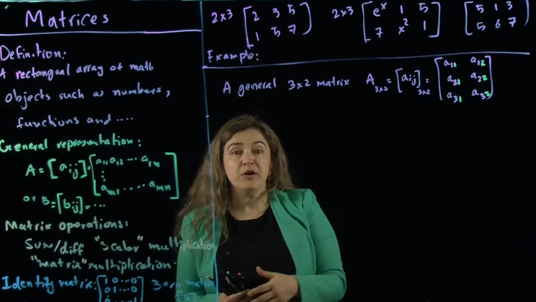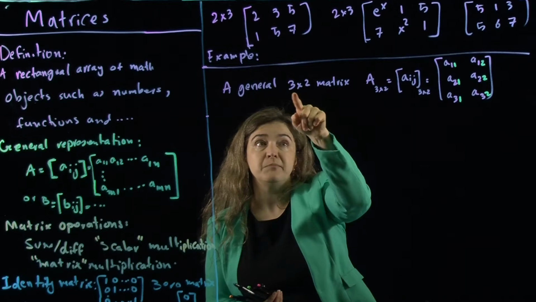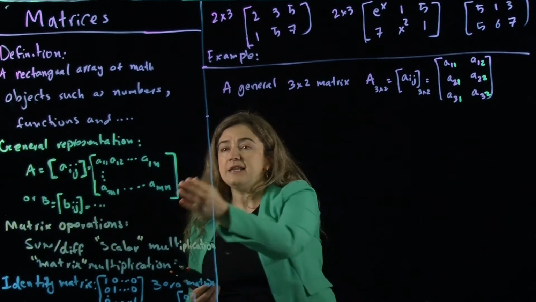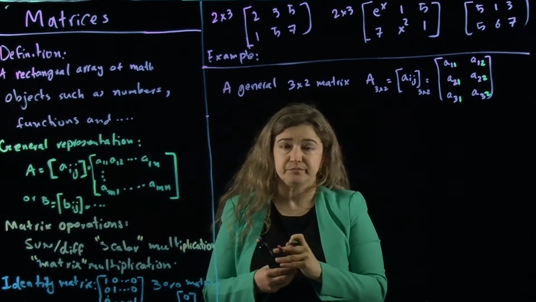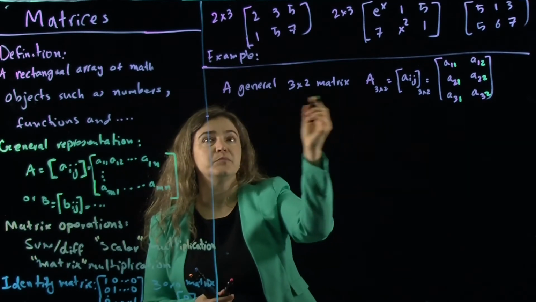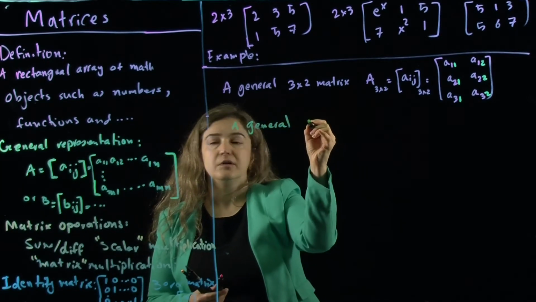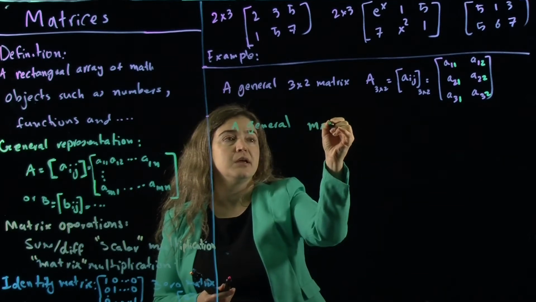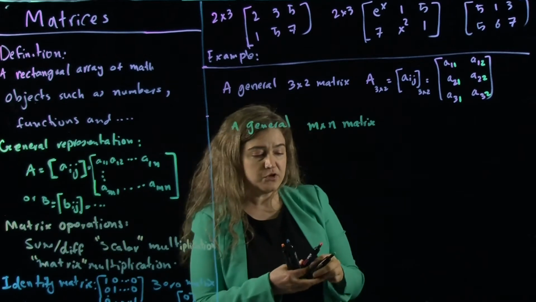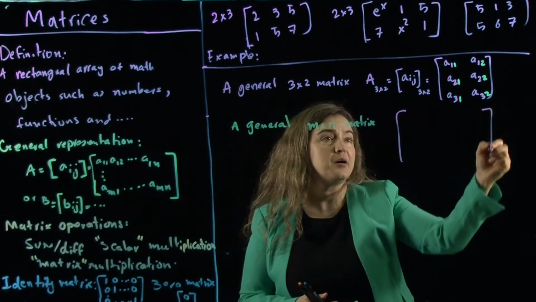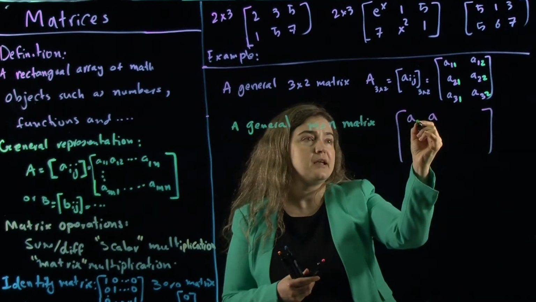Sometimes we want to be more general. We don't even give the dimension of the matrix, and that's an example of it. So if I tell you to show a general m by n matrix, you start writing it up and you put indices in there.